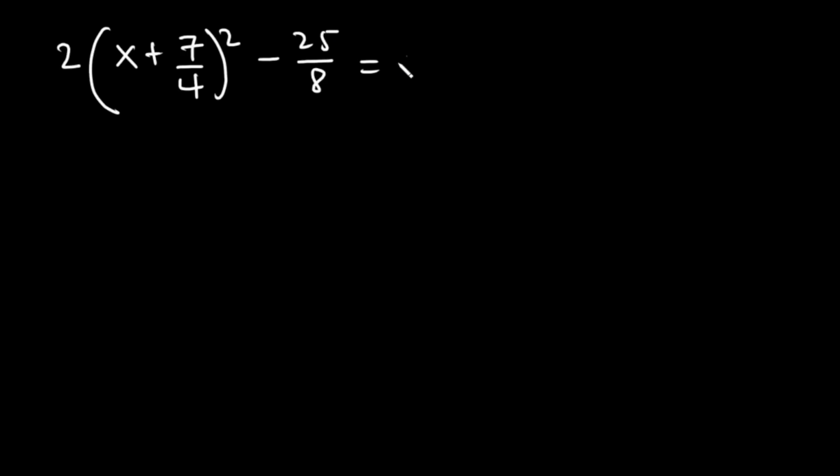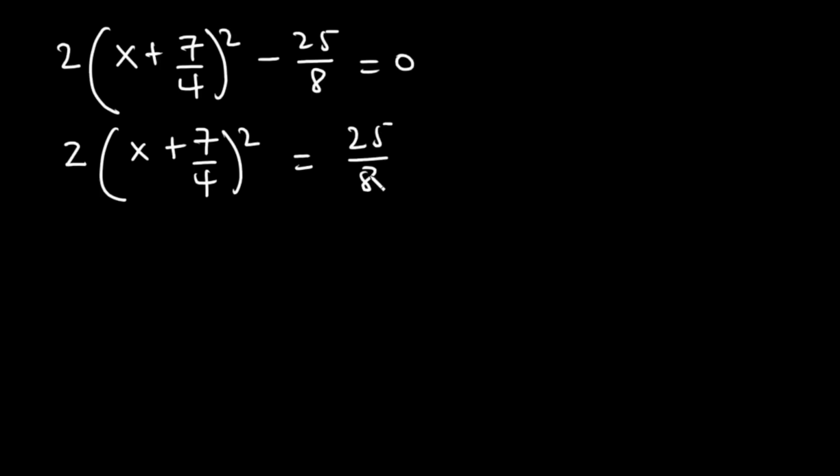Now we had 2 into bracket x plus 7 over 4 all squared minus 25 divided by 8 to be equal to 0. So let's transpose negative 25 over 8 to the right hand side. So it's going to be 2 into bracket x plus 7 over 4 all squared is equal to 25 divided by 8.